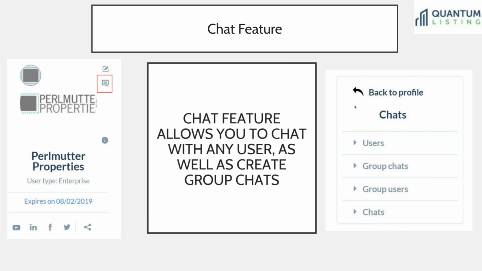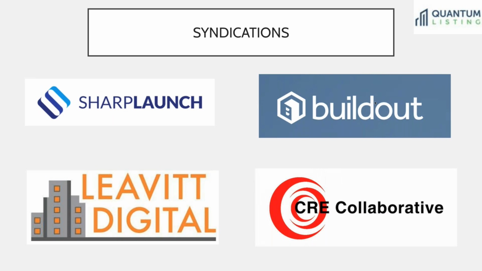You just click on that, and the chat menu, which is over here, opens up, and then you click through to see where those chats are that are waiting for you. And if you aren't in the habit yet of checking Quantum Listing every day to see if you have chats, we've got you covered, because you'll get an email reminder each evening to go and check your chats if you have chats waiting for you.